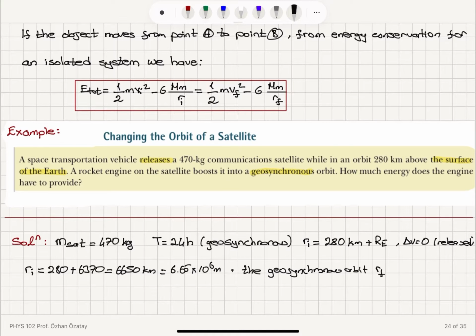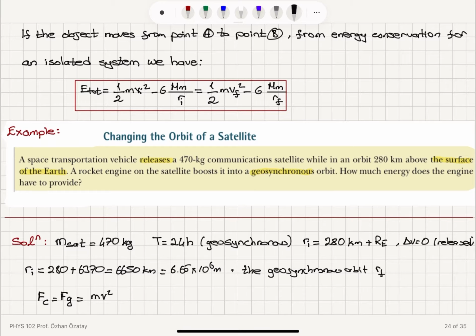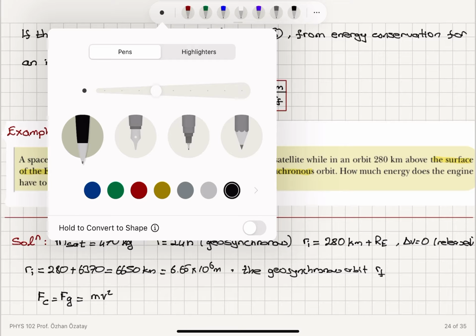So these orbits are circular, we assume. Therefore, the centripetal force is the gravitational force. So in the final orbit, we will have m v squared divided by r final.